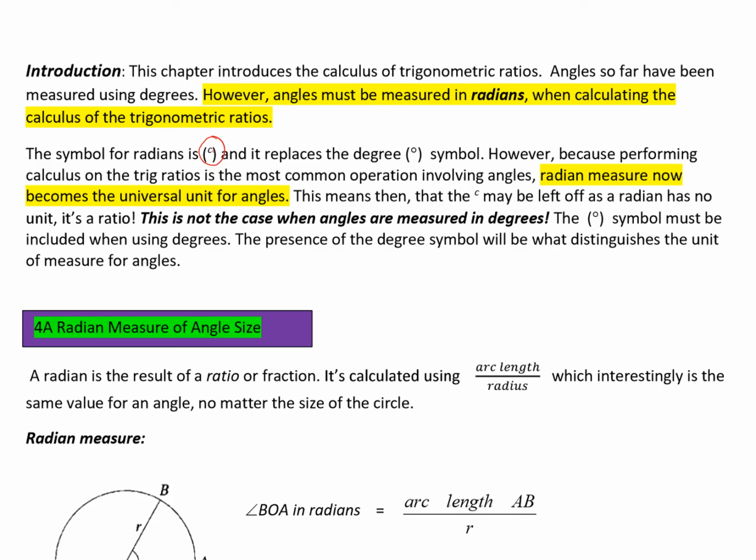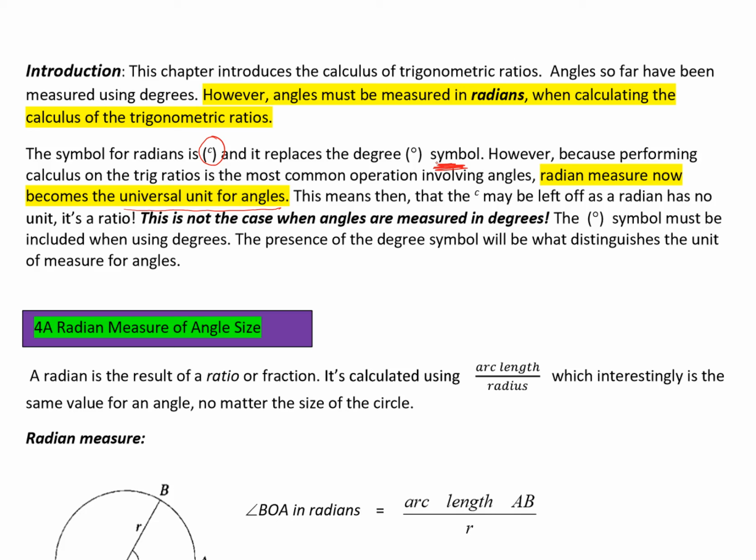Now, it will become the universal unit for angles. So that means if you want to talk about an angle being measured in degrees, you must use the degree symbol, because otherwise an angle is understood to be measured in radians.